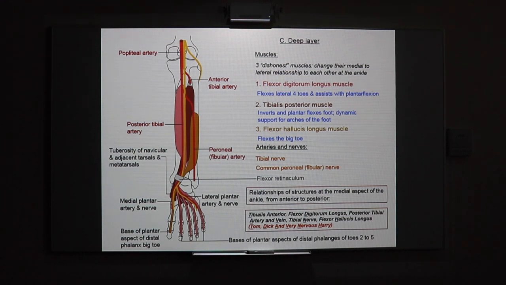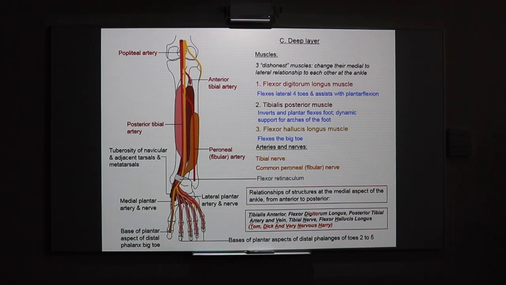So under the flexor retinaculum, if you are going from medial to lateral, the most medial structure is tibialis posterior. This is wrong. Tibialis posterior, flexor digitorum longus, posterior tibial artery and vein, tibial nerve, flexor hallucis longus. These are the structures from medial to lateral under the flexor retinaculum.